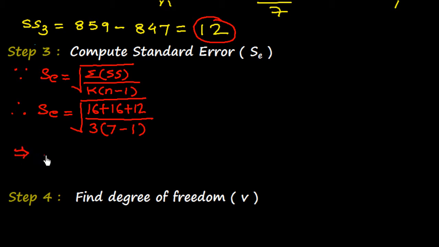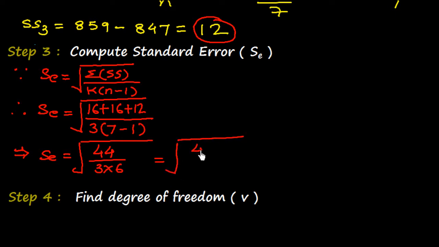So we get here AC equal to square root of 44 over 3 into 6, 18. So we get here square root of 44 over 18.